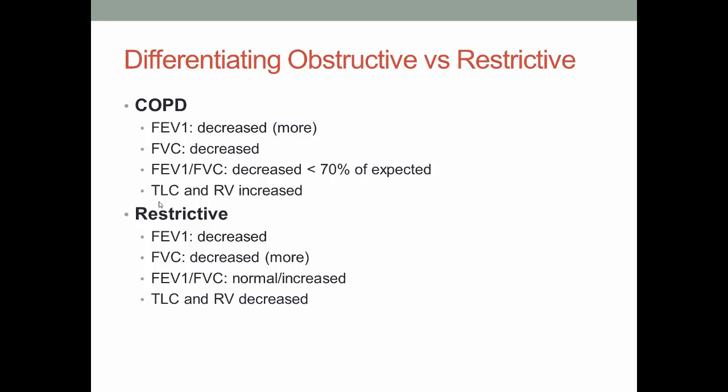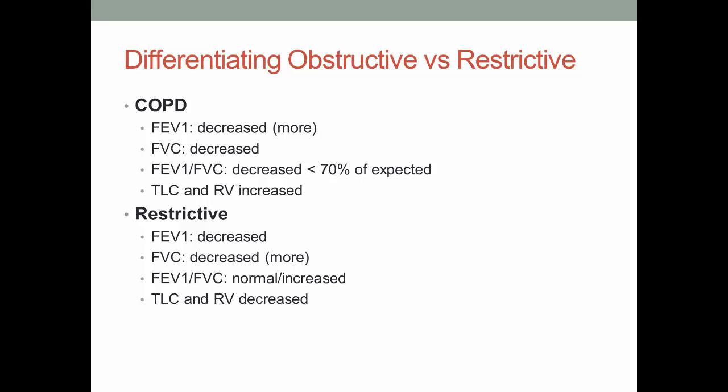On the other hand, with restrictive disease, even though we talked about how it's inhalation, you still have a decrease in the amount of air exhaled. However, in this case, now it's not the FEV1 that's decreased the most, it's your FVC, the total amount of air exhaled.